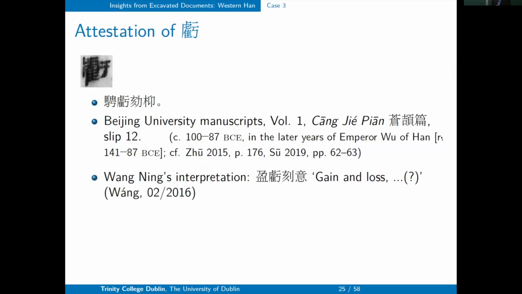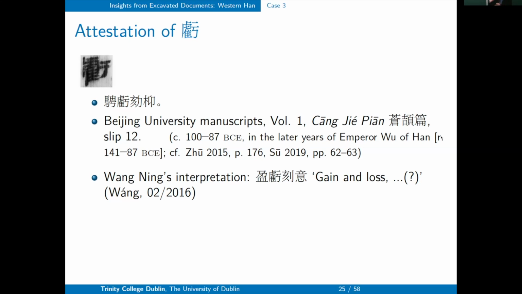So now let's look at the attestation of the logograph Hui. This is a very late character, and I found it in the Peking University manuscripts, 仓颉篇, which is around 100 to 87 BCE. There is a passage, 逞亏克义, and it was written this way.